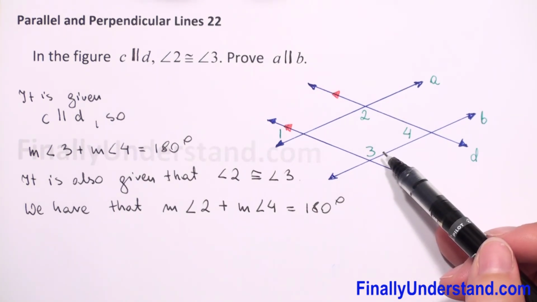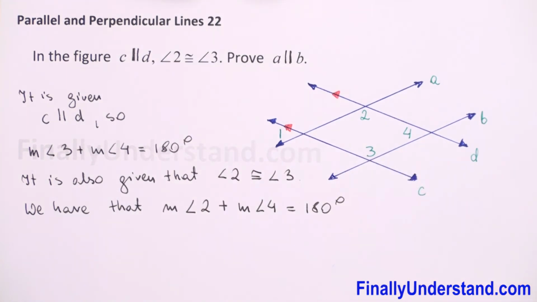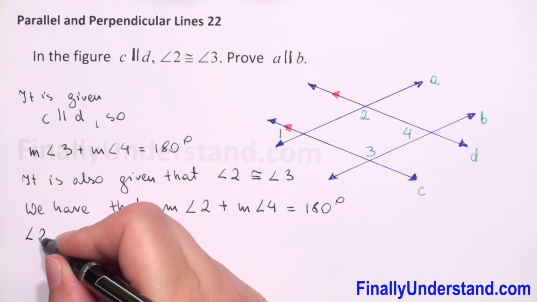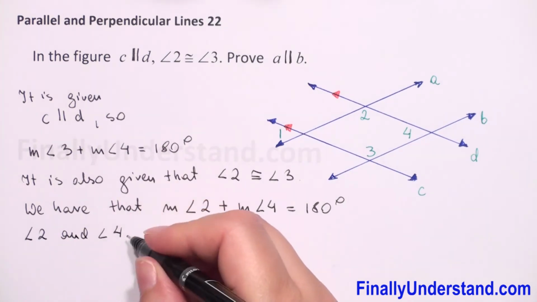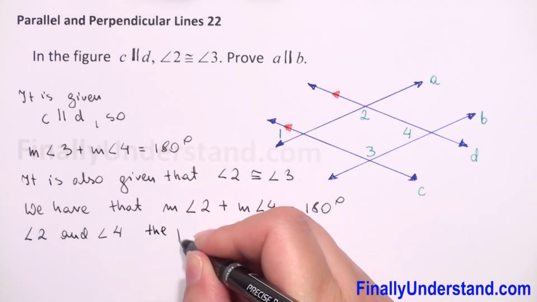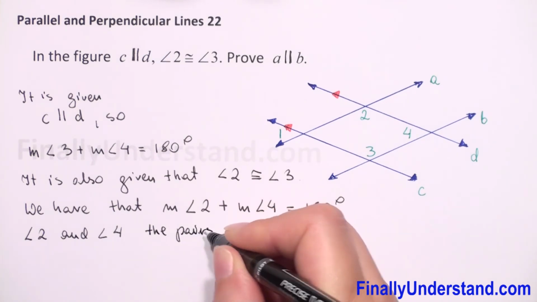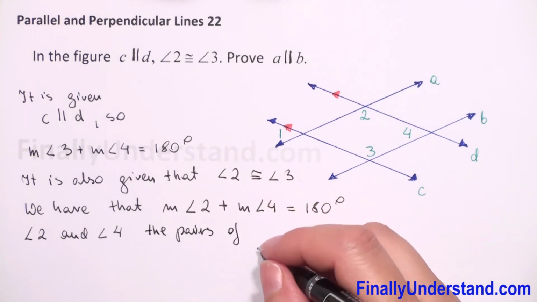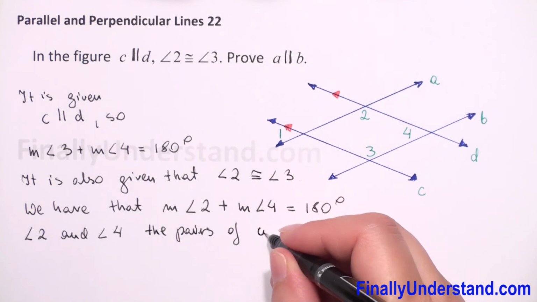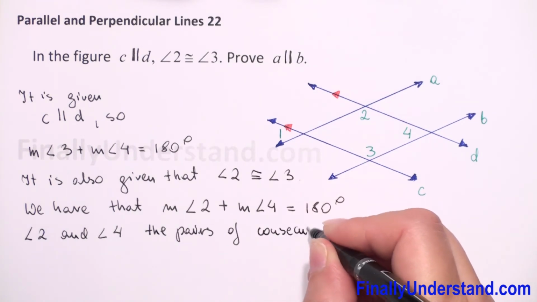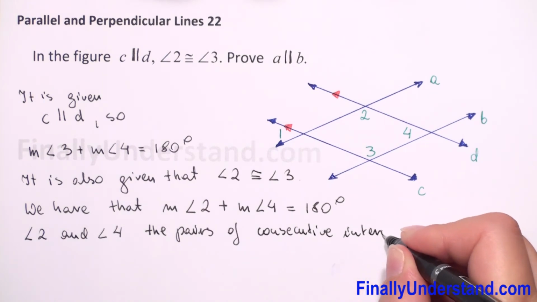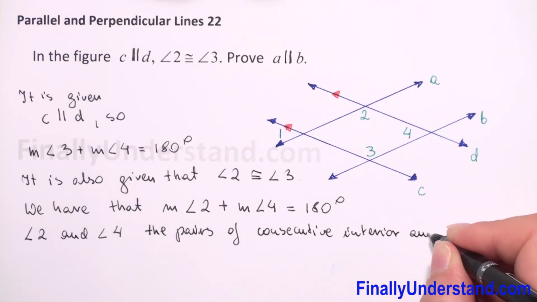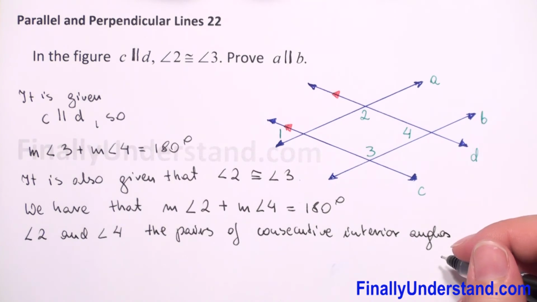So we have here that angle 2 and angle 4 are the pairs of consecutive interior angles, and they are supplementary.